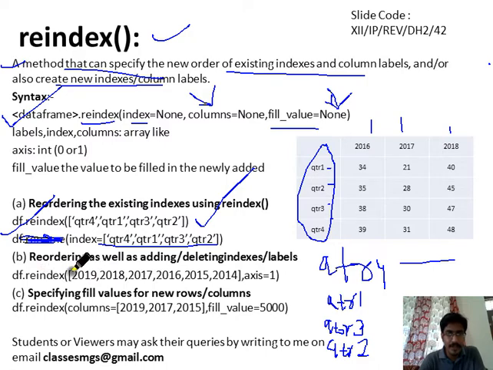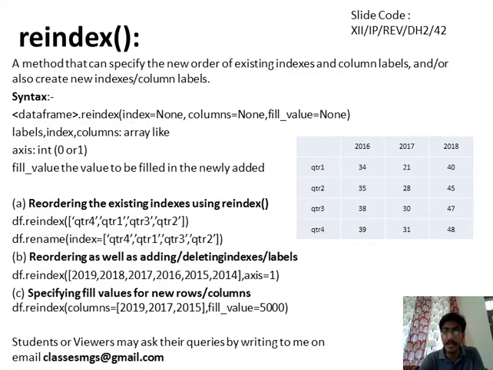Another use is that you can add or delete indices using this reindex function. If we want to add a new row or new column, this can be done through the reindex function. Let's suppose in this example I pass the argument q5.